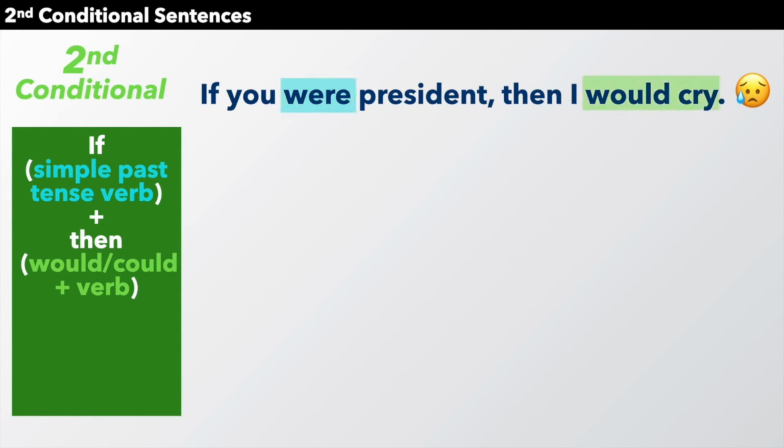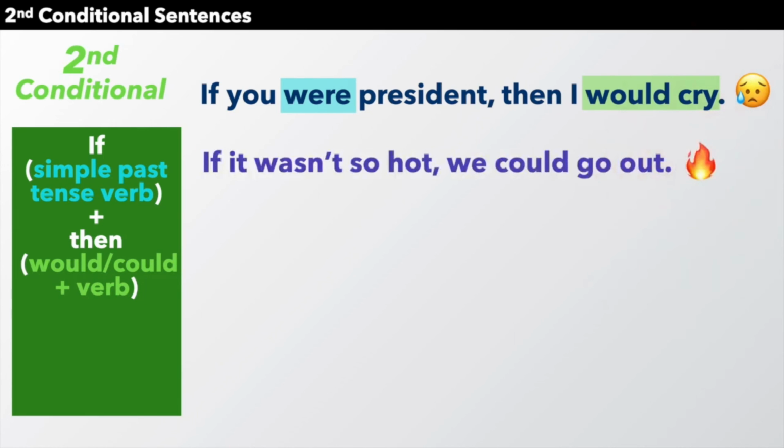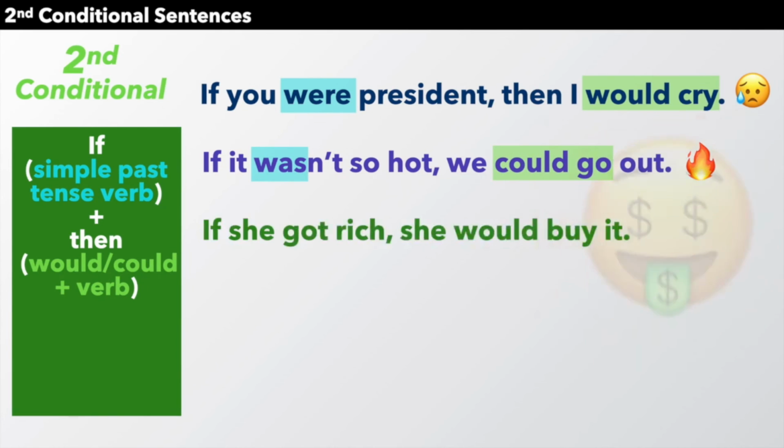Were is the past of the verb be, and would plus the verb cry. The next example: if it wasn't so hot, we could go out. If it wasn't, remember, past of is too, and could go out.